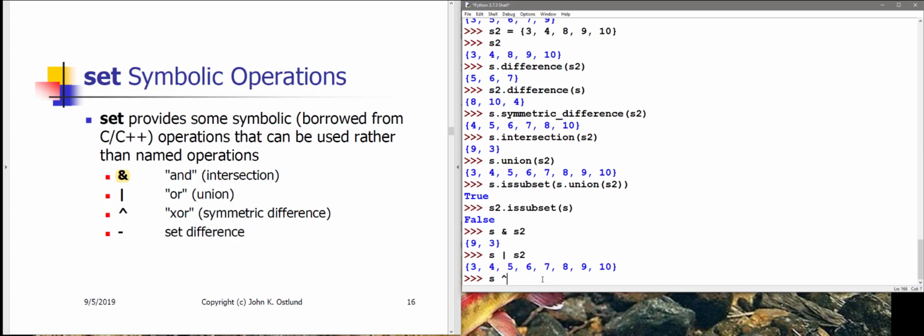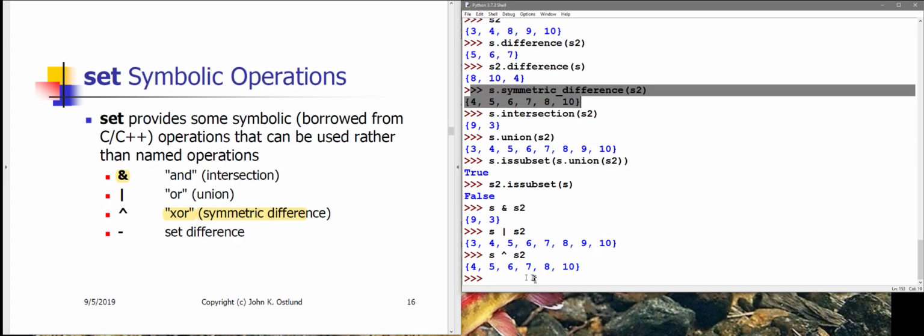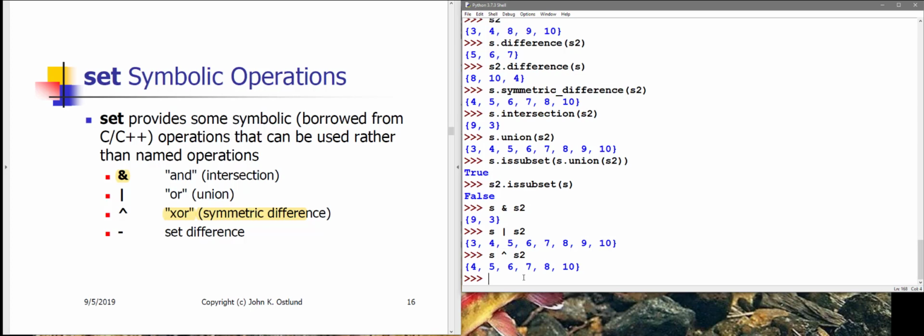S ^ S2, the caret or circumflex or hat or whatever you want to call that thing, gives me the symmetric difference. The caret symbol is the exclusive OR character when you're dealing with bit values. And so exclusive OR means that we're going to get things that are in one set or the other set, but not both sets. And so you can see that that's exactly the same as what I had up here with the named symmetric difference operation.